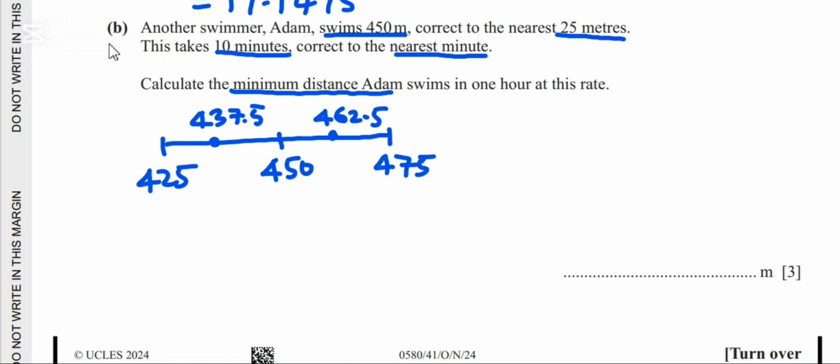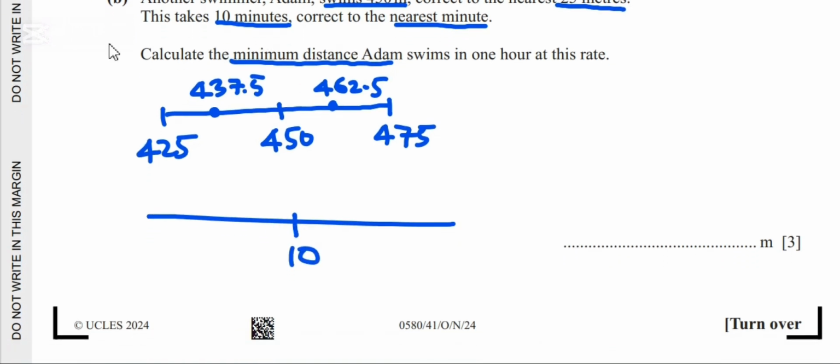All right, so you've done this to the distance. You also do the same to the time. The time is 10 minutes, so you also draw a number line. Put 10 in the middle, and they are saying correct to the nearest minute. So you subtract 1 minute from 10, you have 9 minutes, and add 1 minute, you have 11.